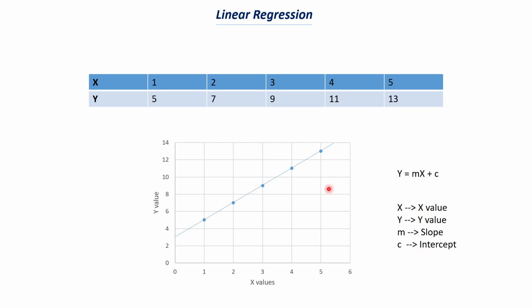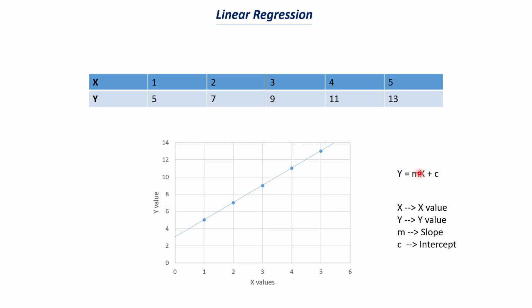Let's understand the slope and intercept in the next slide. I'll explain how the slope and the intercept work, but just try to understand that this is the equation of a line, which is y = mx + c. Different lines will have different values of m and c, and based on these values of m and c, the y value depends on the value of x.